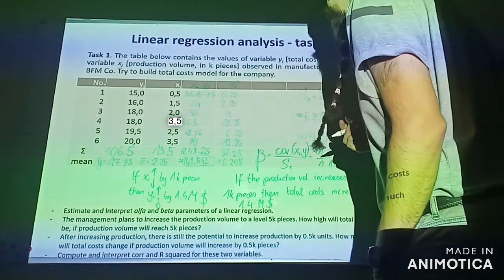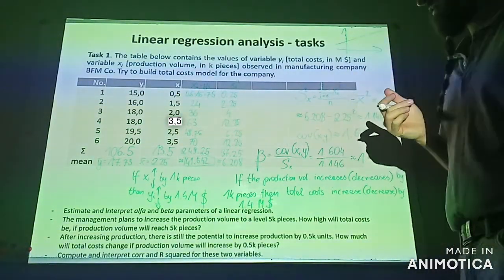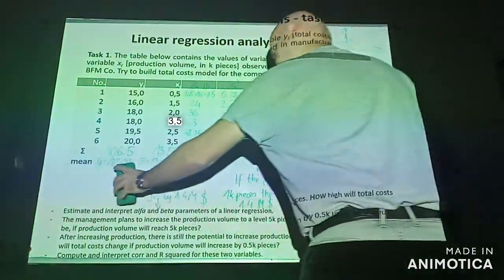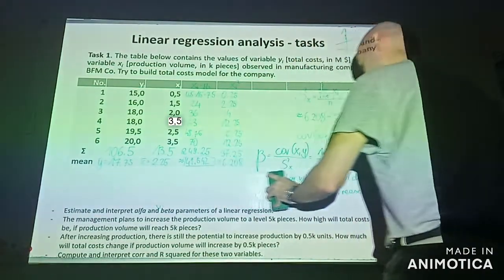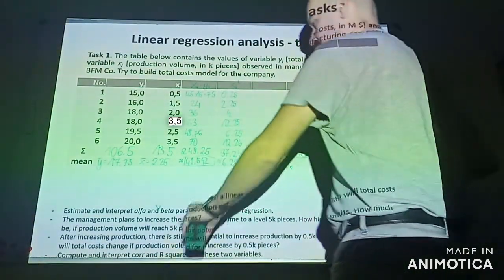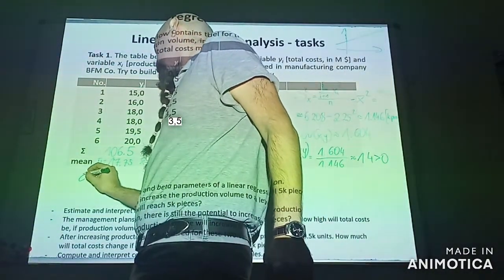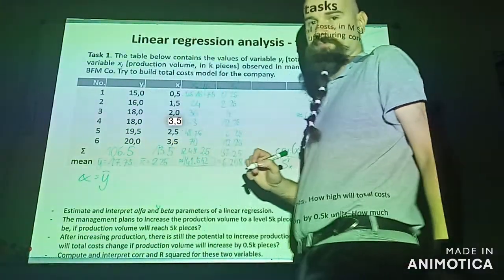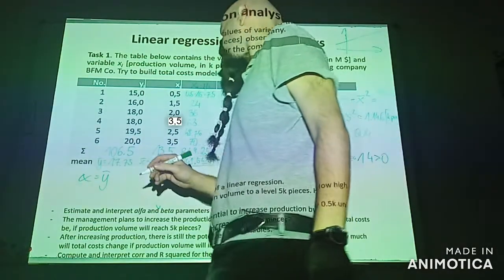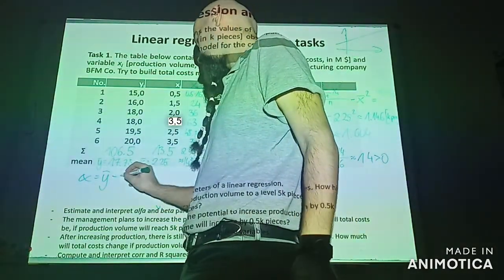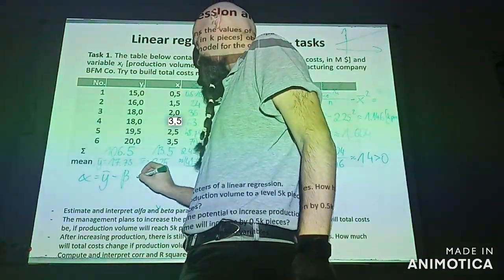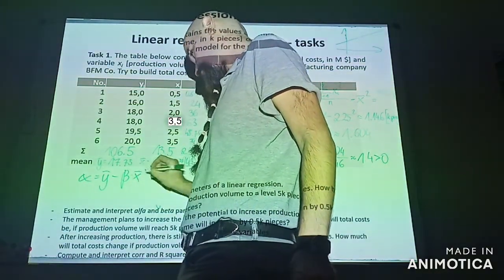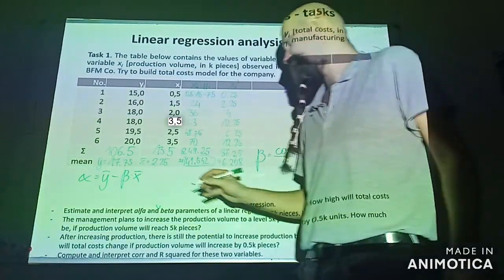All right. And the next parameter is alpha parameter. Alpha parameter is arithmetic mean of total costs minus beta parameter multiplied by average production volume.